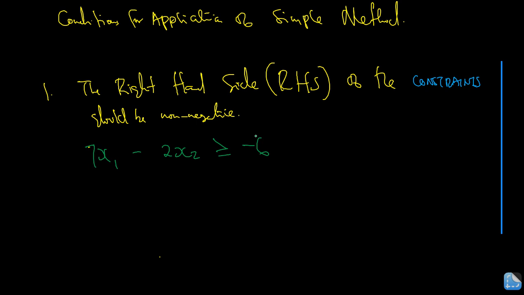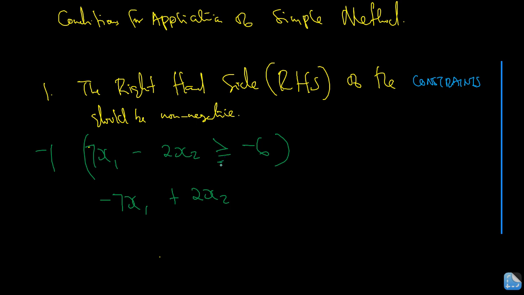Now, if this is the case, what do we do? We need to multiply both sides by -1. So you do your brackets, and then you multiply everything by -1, so that it will become -7x1 plus 2x2, and when you multiply -1 by -6, you must make sure that you change this sign here.